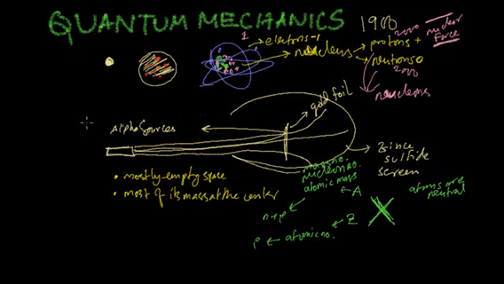So when atoms have the same number of protons but different numbers of neutrons, we call them isotopes.